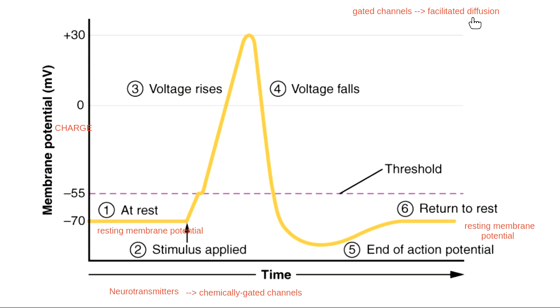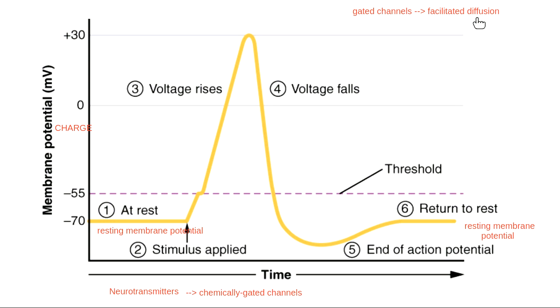Facilitated diffusion, do I go from high to low or low to high? In facilitated diffusion, which way do things move? Yeah, they go from high to low because no energy is required.